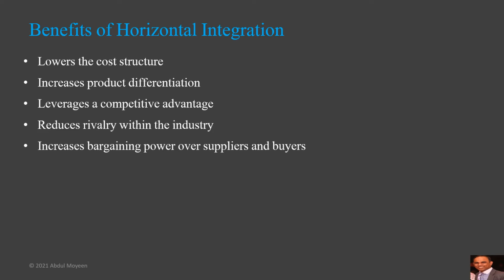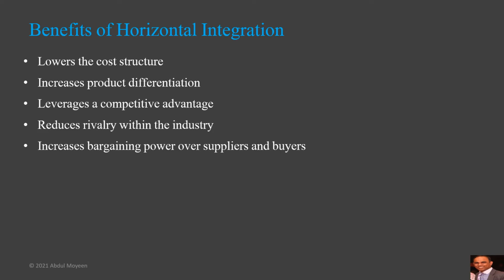And finally, some companies use horizontal integration because it allows them to obtain bargaining power over suppliers or buyers and increase their profitability at the expense of suppliers or buyers. Because you are buying your competitors, you may become number one or one of the major suppliers in the industry. So customers and suppliers do not have a choice to go to other companies to buy the product or to sell the product.